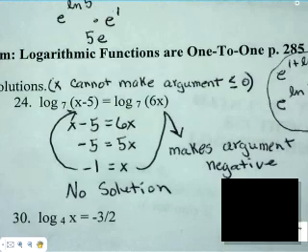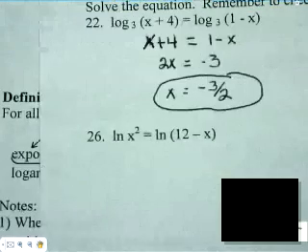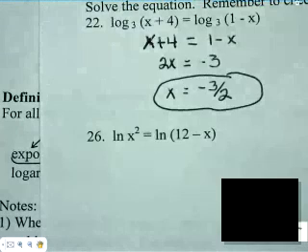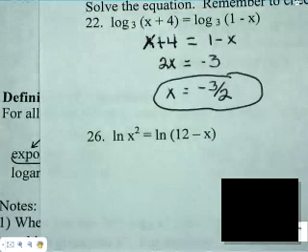All right, number 26. How do you think we'll solve natural log of x squared equals natural log of 12 minus x? They already have the same base. They're both base e. So it's not the bases that we set equal to each other. They already are.